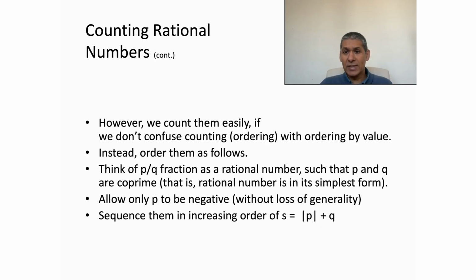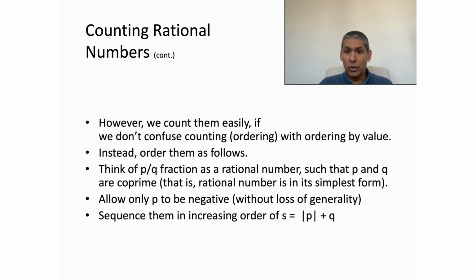Now, in the previous cases, even numbers and prime numbers, ordering and ordering by value were the same thing, but in this case not. So we can in fact order the rational numbers by the following method. We think of the fraction p/q such that p and q are co-prime, so that means the fraction is in its simplest form.